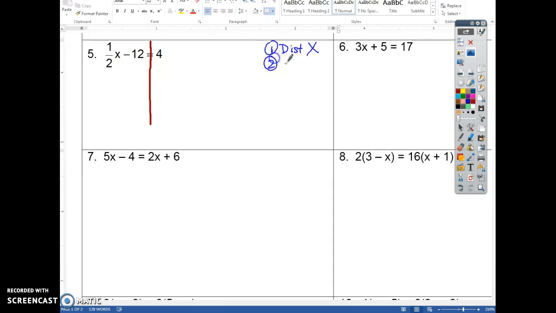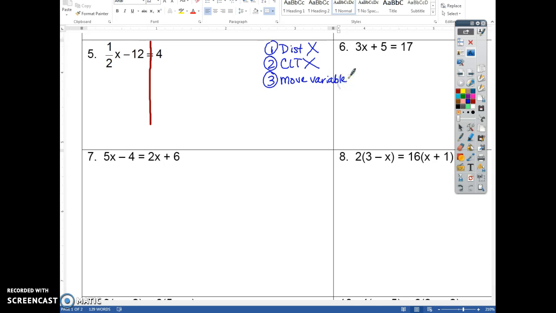Step 2, combine like terms. Does it have anything on the left side that looks alike? I see an x here, and this one doesn't have an x. Are those like terms? No, so I don't combine. What about on the right side? There's only a 4. There's nothing else to combine it with, so there is no combining like terms. Step number 3, move the smallest variable.